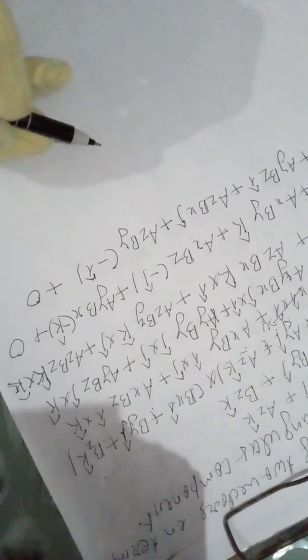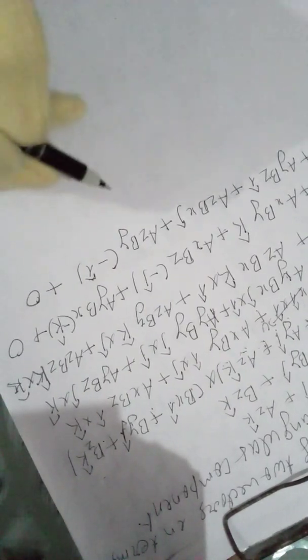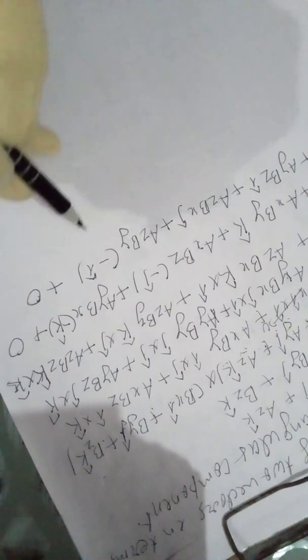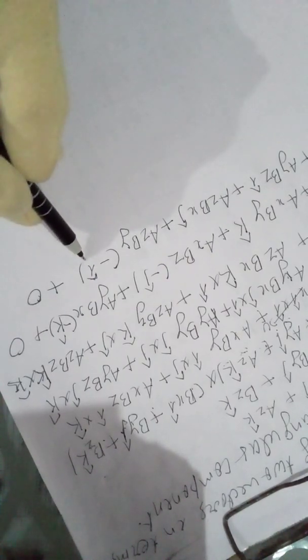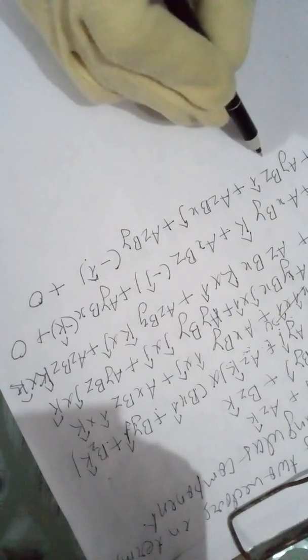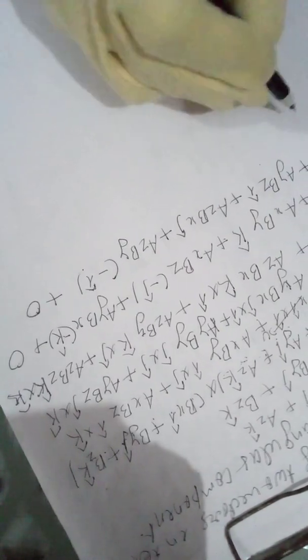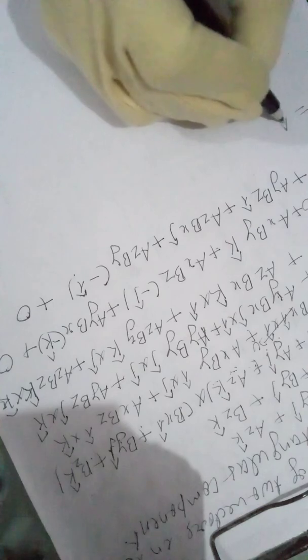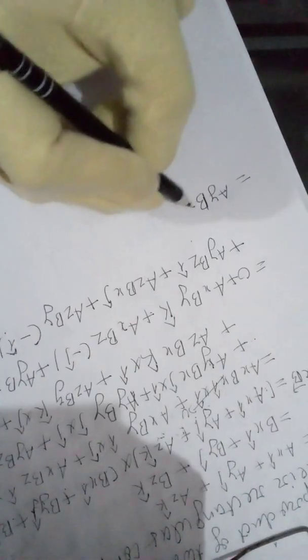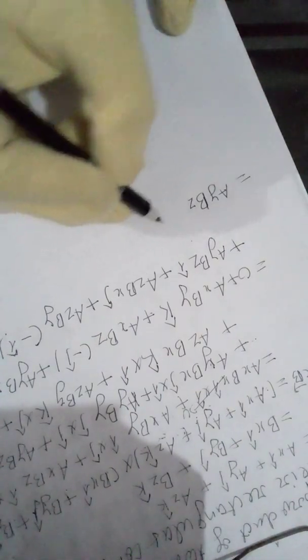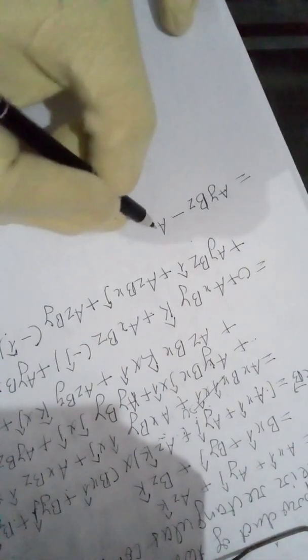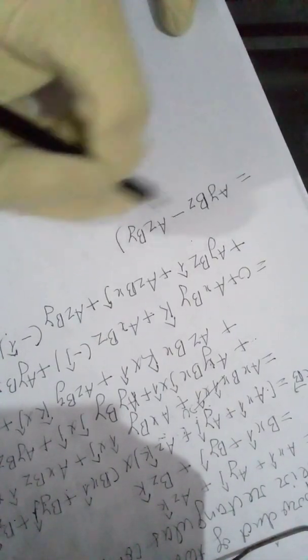Now we collect like terms of unit vectors. This is your i cap: (ay bz minus az by) i cap.